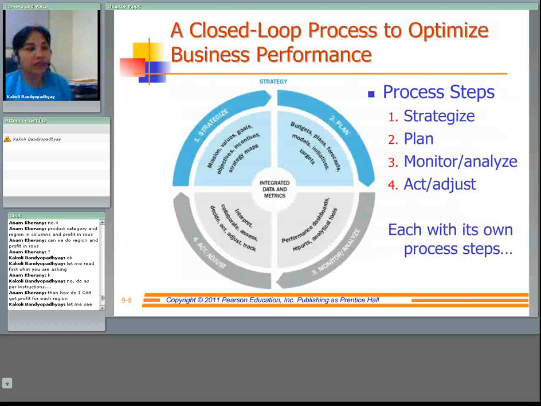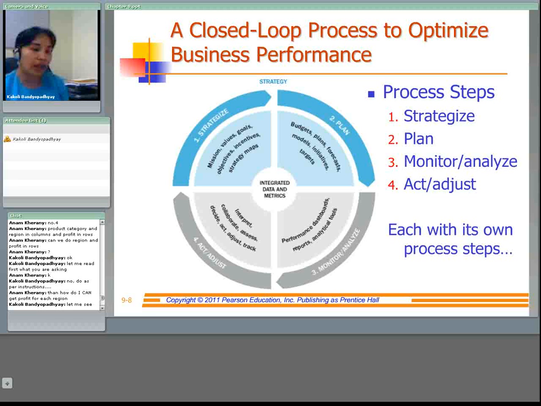Then managers develop the plans, forecast, budgets and so on. Number 3 then is everyone in the company monitors their progress towards meeting goals and objectives using reports and analysis and make corrections to stay on track. They can use performance dashboard, reports and analytical tools to monitor their performance.